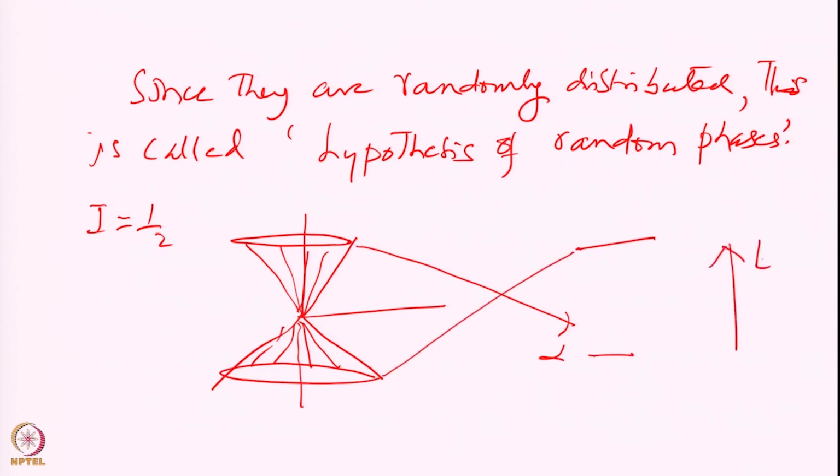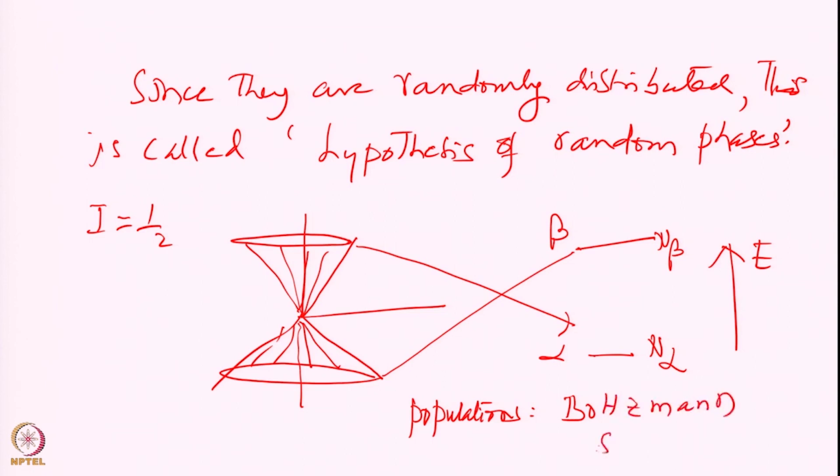This is the alpha state and this is the beta state, and obviously they have different populations, right. So if I want to write the populations of these as n alpha and n beta, what determines these populations? The populations are governed by Boltzmann statistics. Okay. So there will be more spins in the alpha state compared to the beta state.